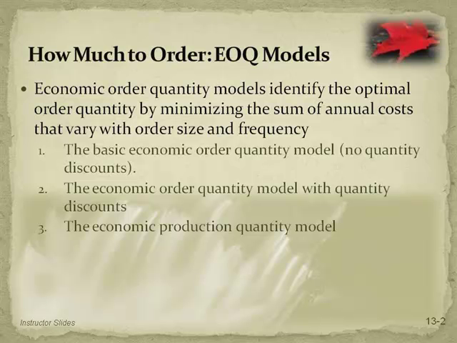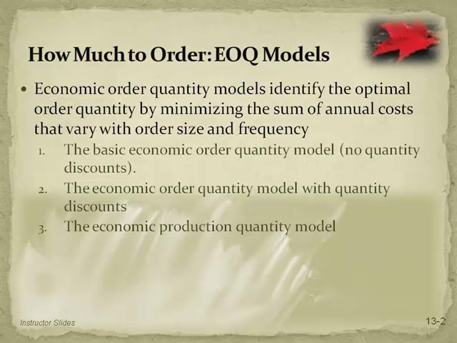Now, before we get started talking about quantity discounts, sometimes students have some difficulty in exams and also on homework assignments being able to distinguish when they have an economic order quantity problem and when they have an economic production quantity problem.